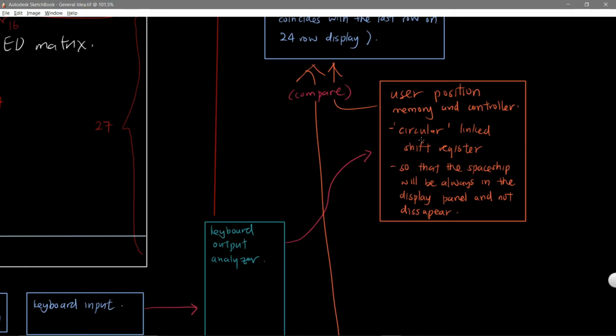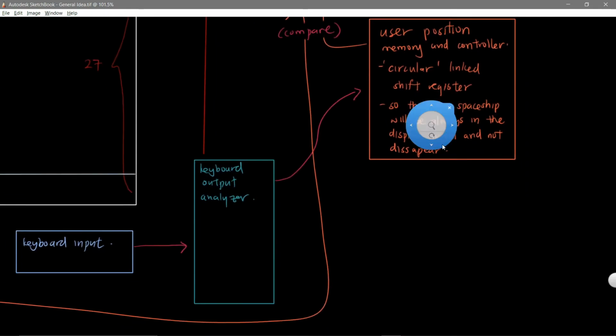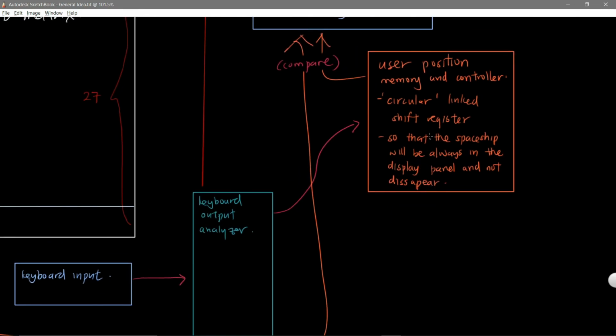So we want a kind of circular linked shift register. A shift register is a bunch of flip-flops in which they can store information, but they can also pass information in both directions with special circuitries. We'll go over how to build that later.